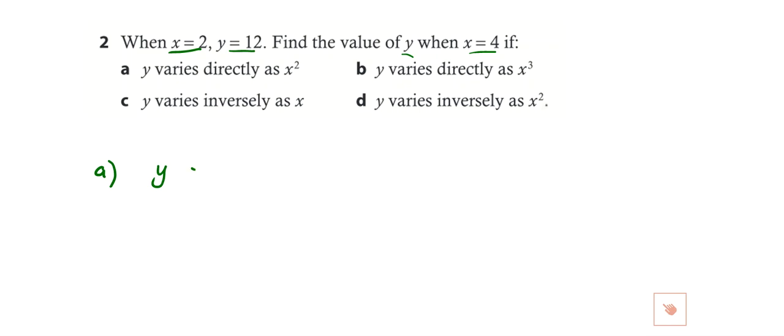So we would write y equals kx squared. Now we put these numbers in. So 12 equals k times 2 squared. We need to know the k to work out what we do when x is 4. So that is 12 equals k times 4.